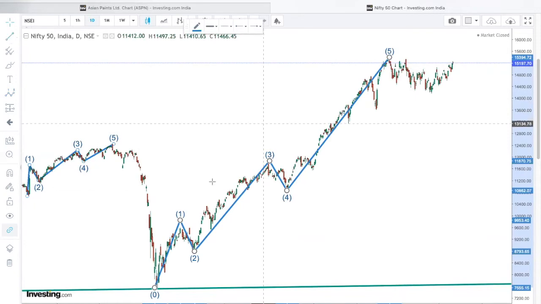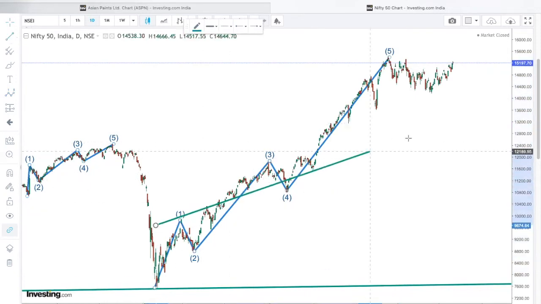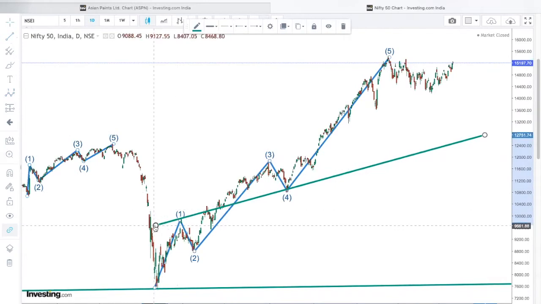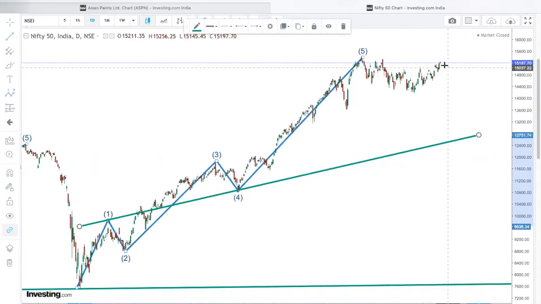So up to what level should it crash? Let us see. If I draw an Elliott wave something like this, the market may crash up to this zone, that is the 12,600 zone. If not this year, maybe next year it may crash.